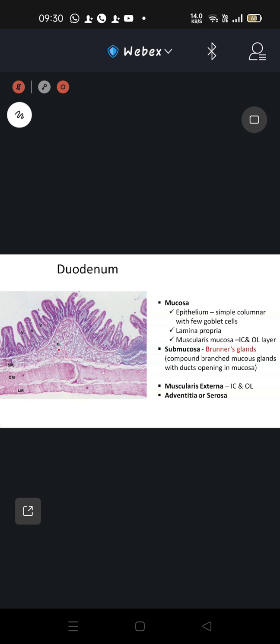So the duodenal villi are broad like leaves, and they have straighter crypts of Lieberkühn. Also, you can appreciate here the lining epithelium having some goblet cells. Can we see these goblet cells? The spaces between the simple columnar epithelium are goblet cells.